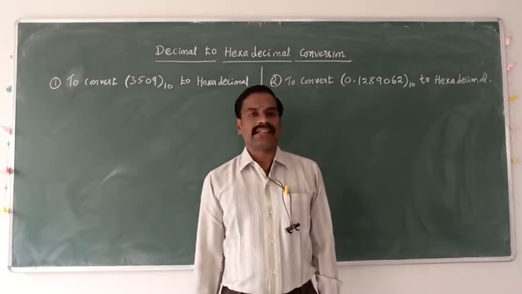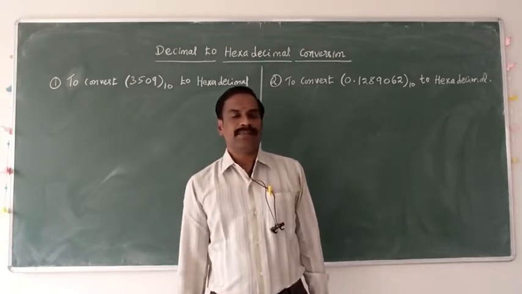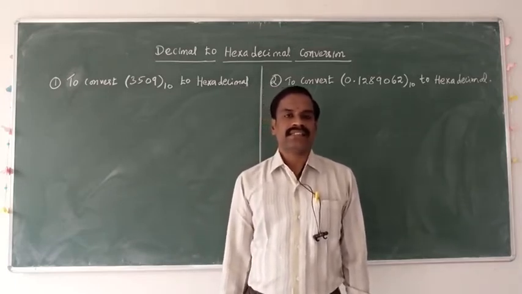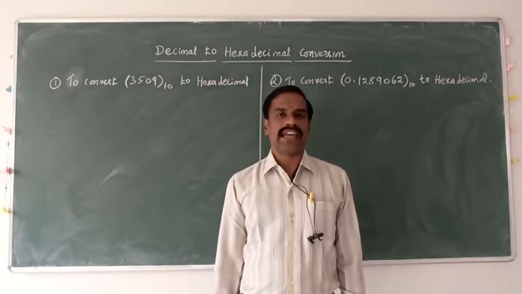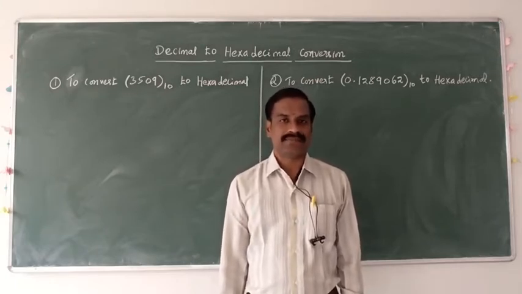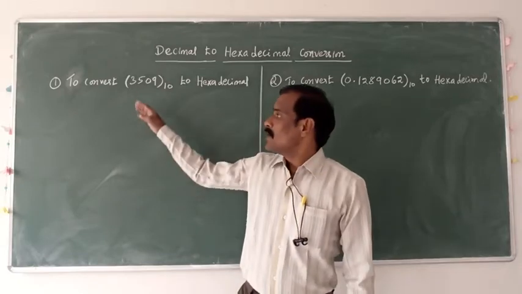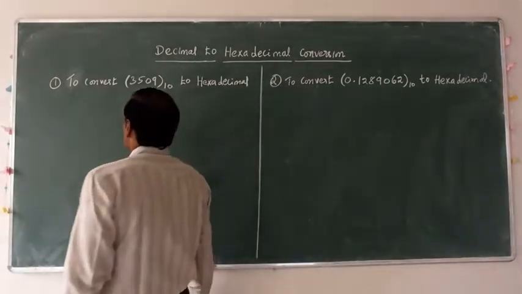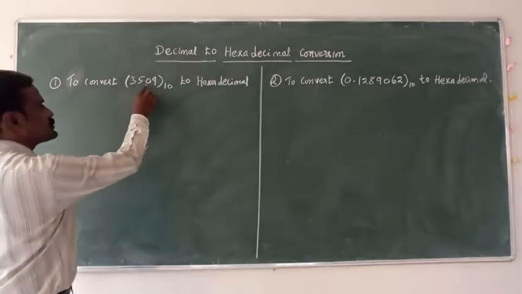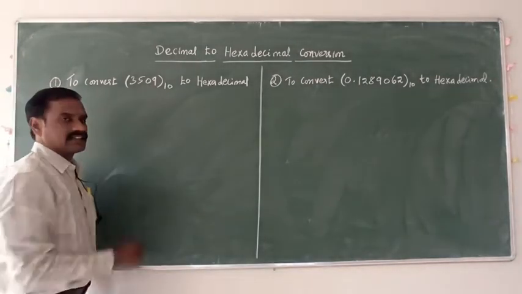Here the hexadecimal number system base or radix is 16, or H. H means hexadecimal. Okay, the first sum we will discuss is to convert 3509 base 10.